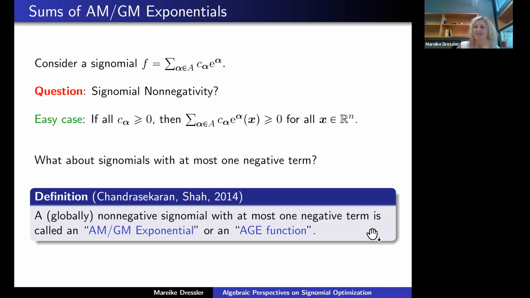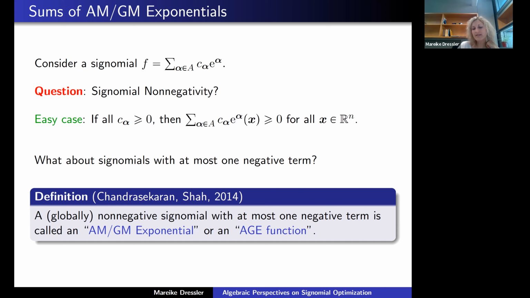First of all, a notational thing, a nomenclature thing. We call such a Signomial with at most one negative term an AM-GM exponential, or for short, an H function. The name becomes clear in the next slide.